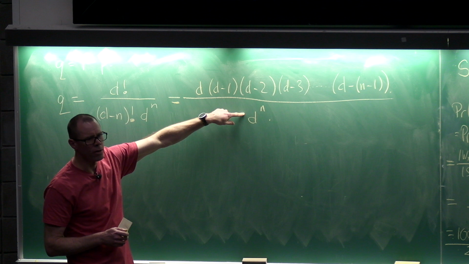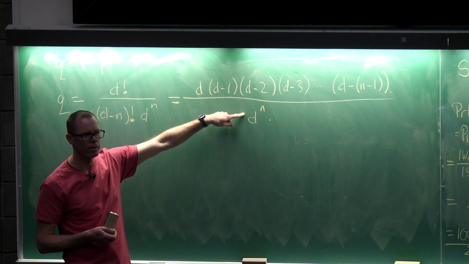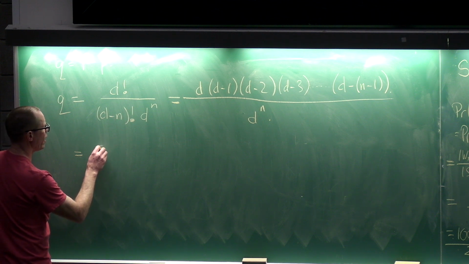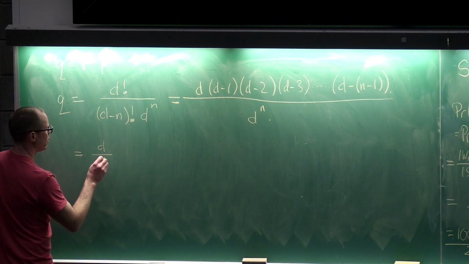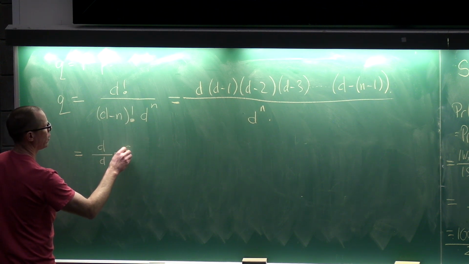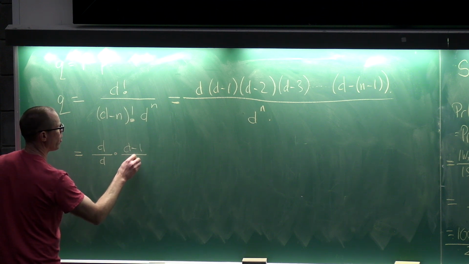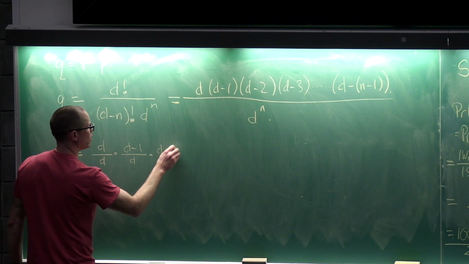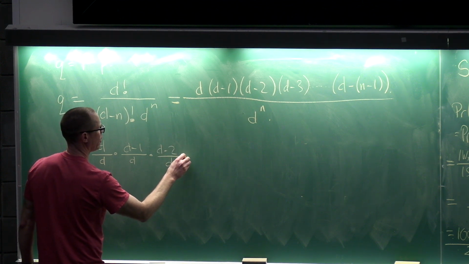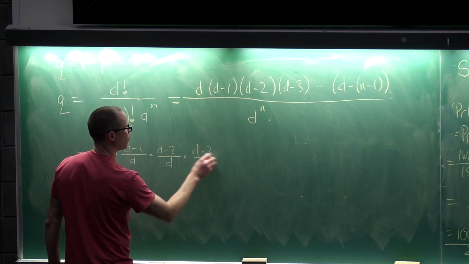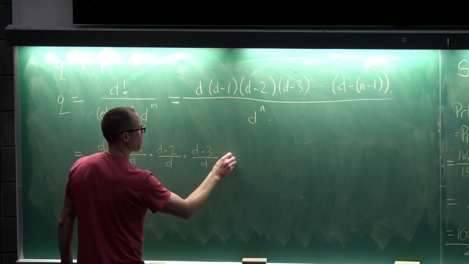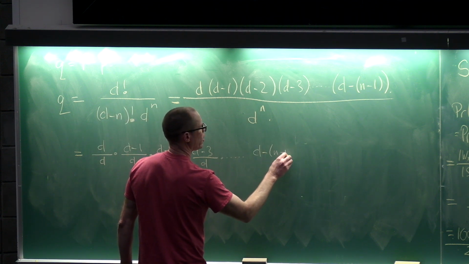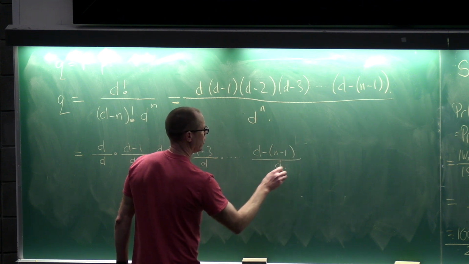And the nice thing is there's also N things down on the bottom here. So let's group those together. That looks like D over D times D minus 1 over D times D minus 2 over D times D minus 3 over D, and so on down to D minus N minus 1 over D.